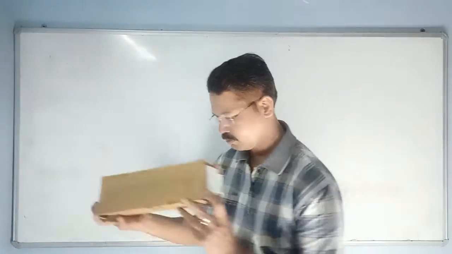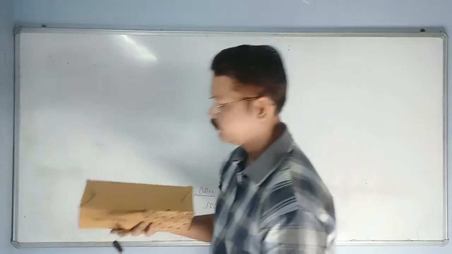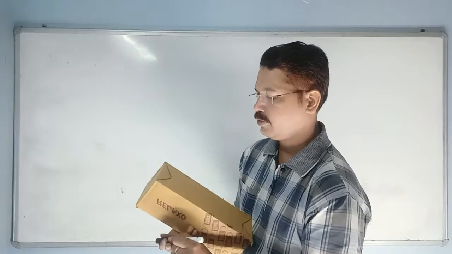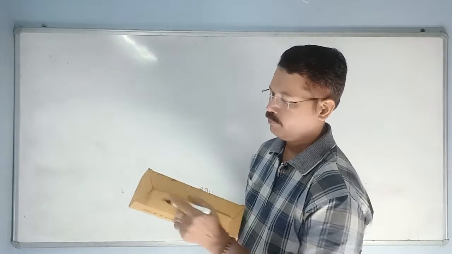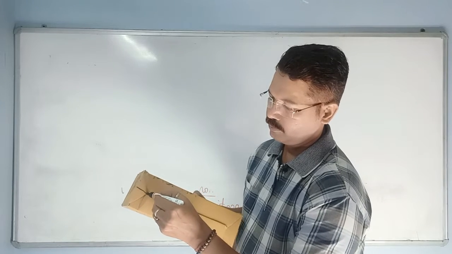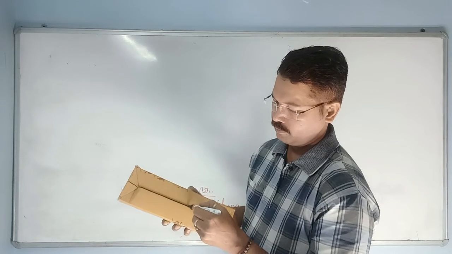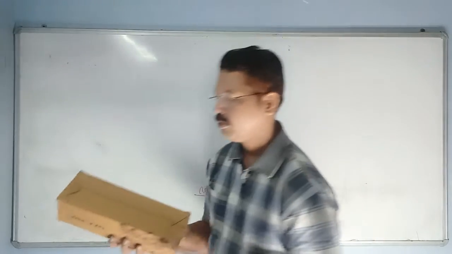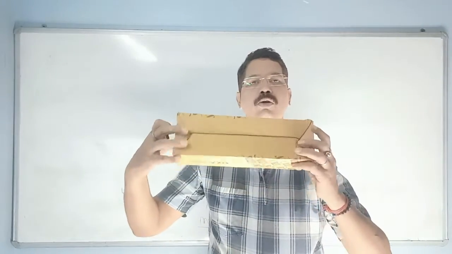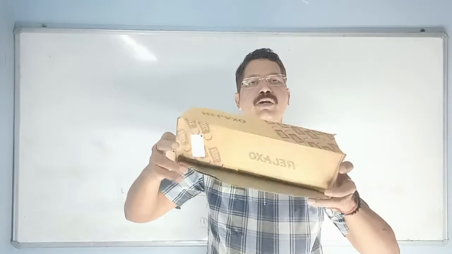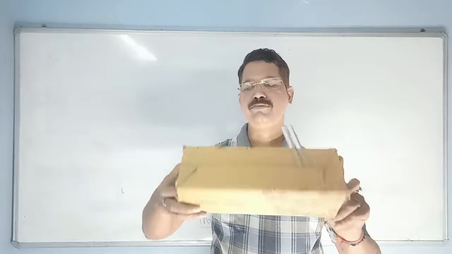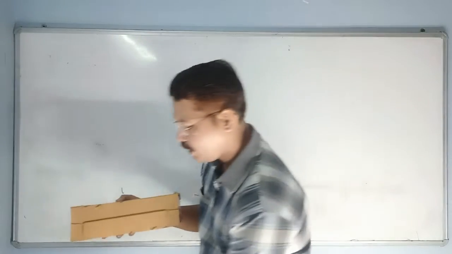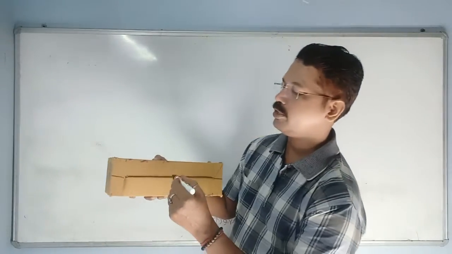So for the center, this will be the axis of rotation. So this body rotates from the center like this. And where is the axis? The axis is here. And this is the center of this body.